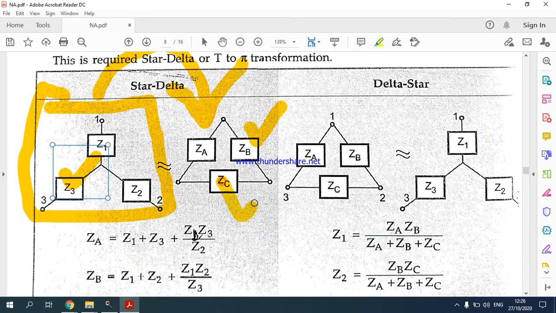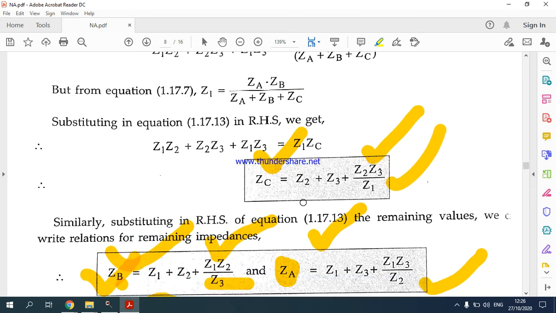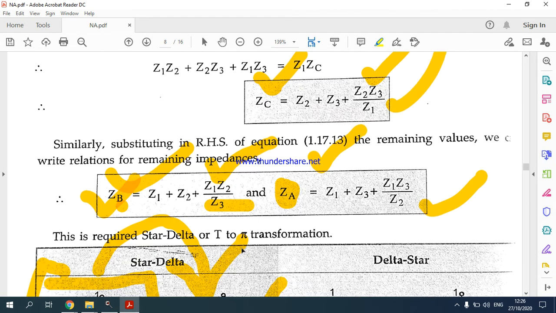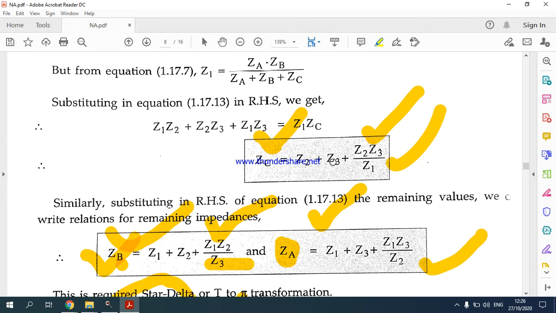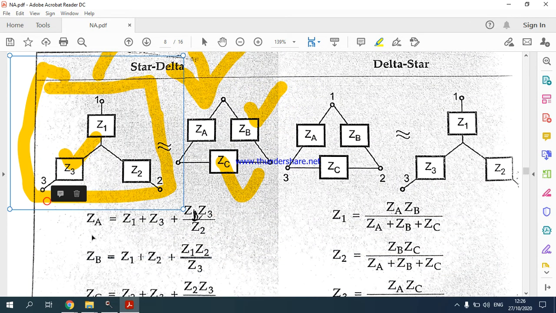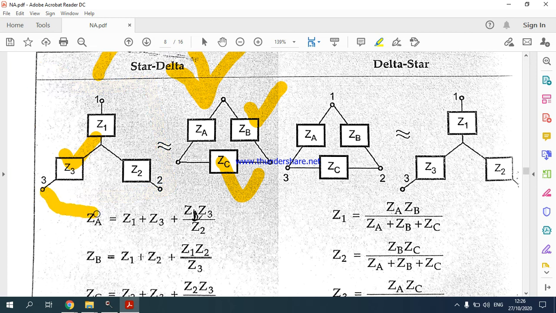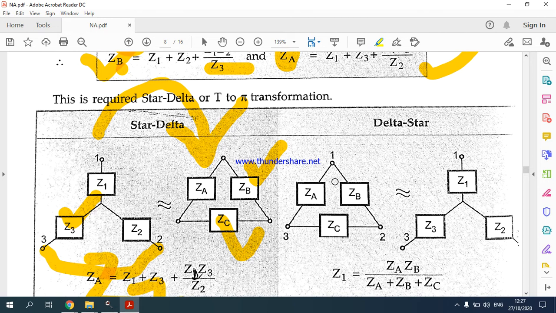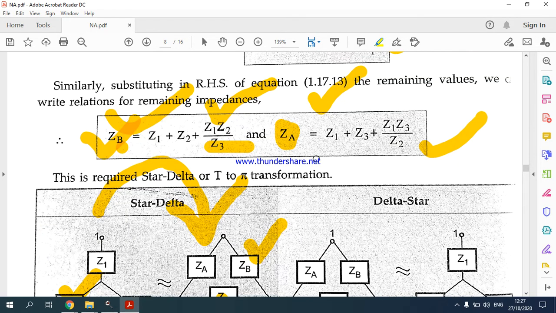If you want to get this ZC, usually where you connect ZC, you should see that Z2 plus Z3. Here you will be having ZC. So Z2 plus Z3. I hope these expressions are clear for all, right?